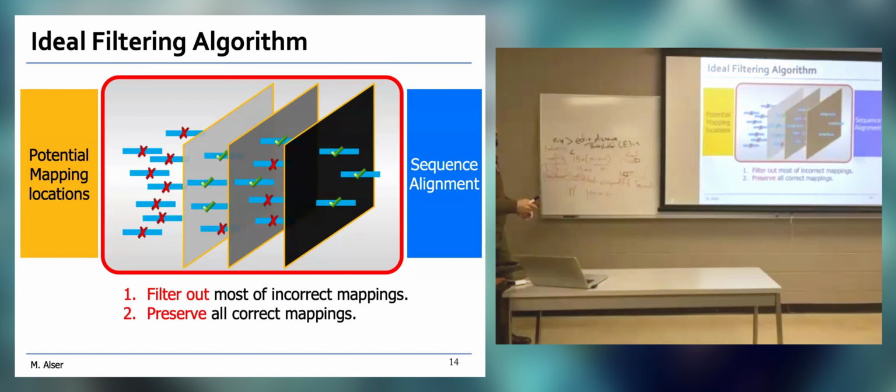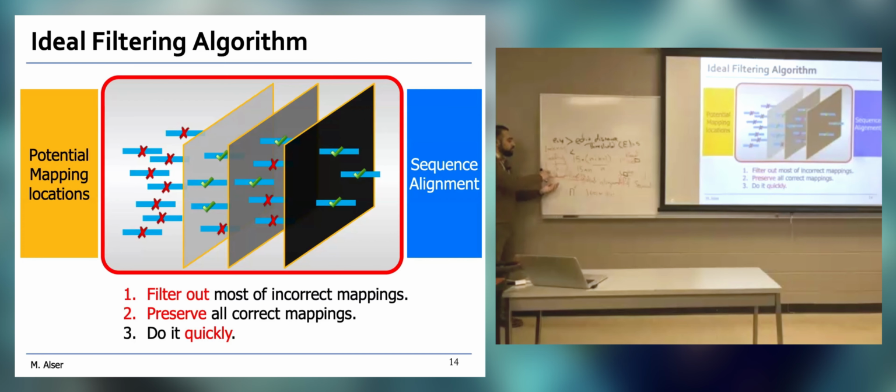So we should keep all of them, but for the wrong ones, we should filter most of them, okay? Now the third one: we want to do it quickly. Why? Do you remember why we detached the sequence alignment? It was the goal to accelerate this step. This step is very expensive, taking a lot of time, right?